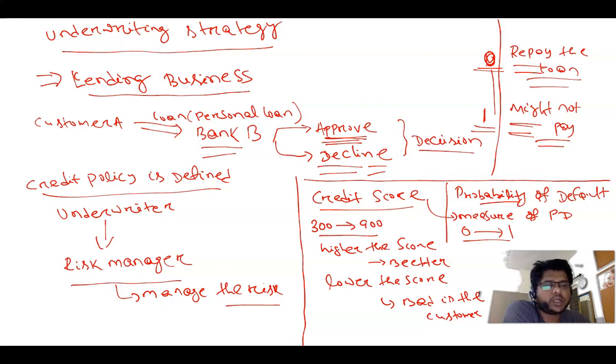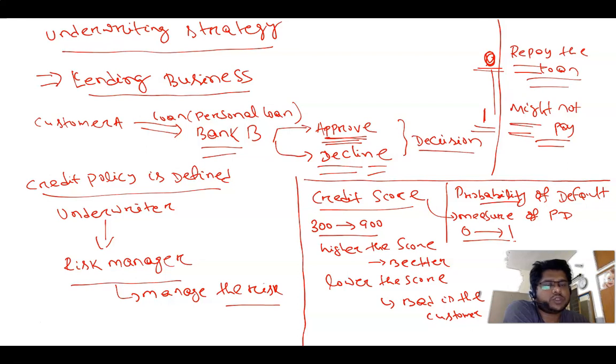Now this 0 to 1 can directly be used, but for simplicity and so people can understand better, because people understand scores in an easier way, as score is used in many other areas, like how much score you get in an exam. Similarly here, the higher the probability that the customer will not pay, the lower will be the score.